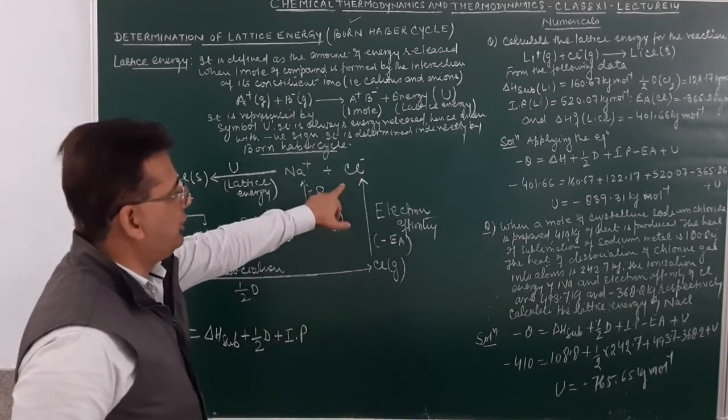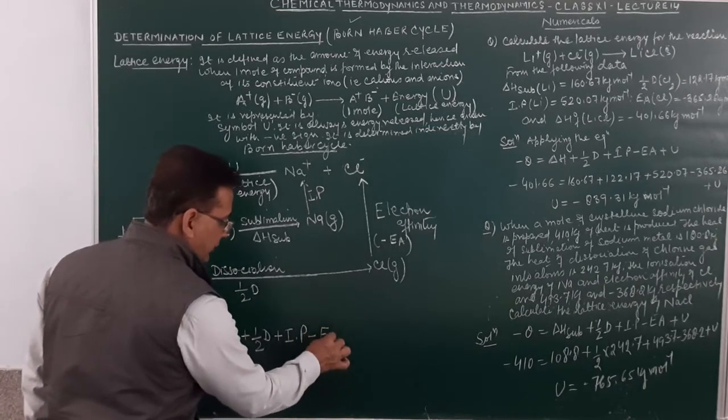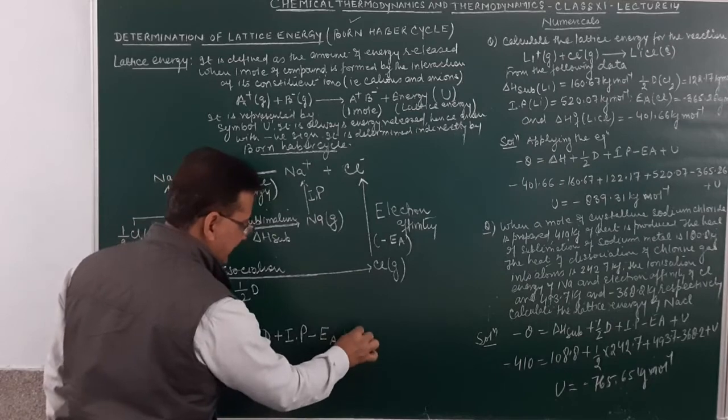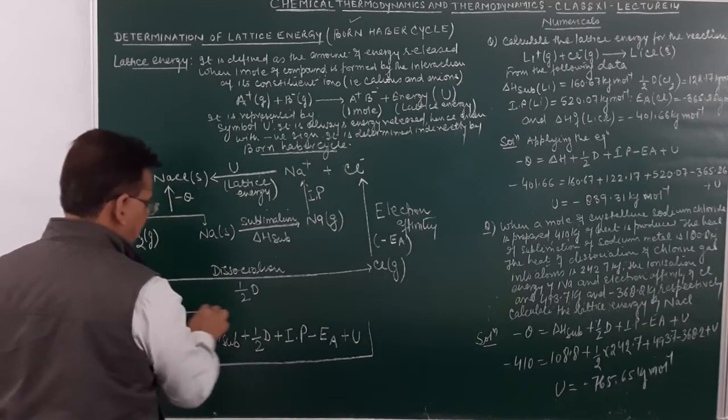Then when it is converted into anion, energy will be released. This will be electron affinity. And when they interact with each other, it will be the lattice energy. So this is how this energy change can be determined.